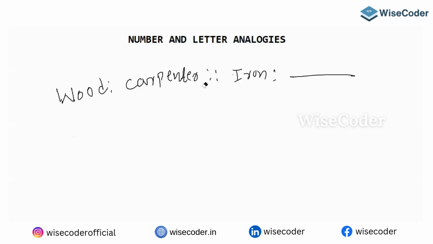Look here: wood is a raw material for a carpenter. Then iron is a raw material for what? Blacksmith. So the answer for this question is blacksmith.